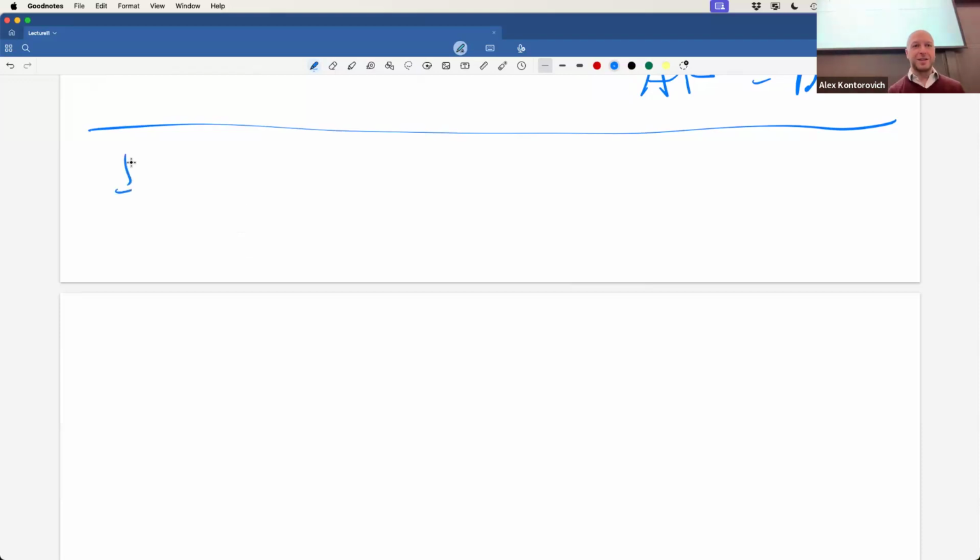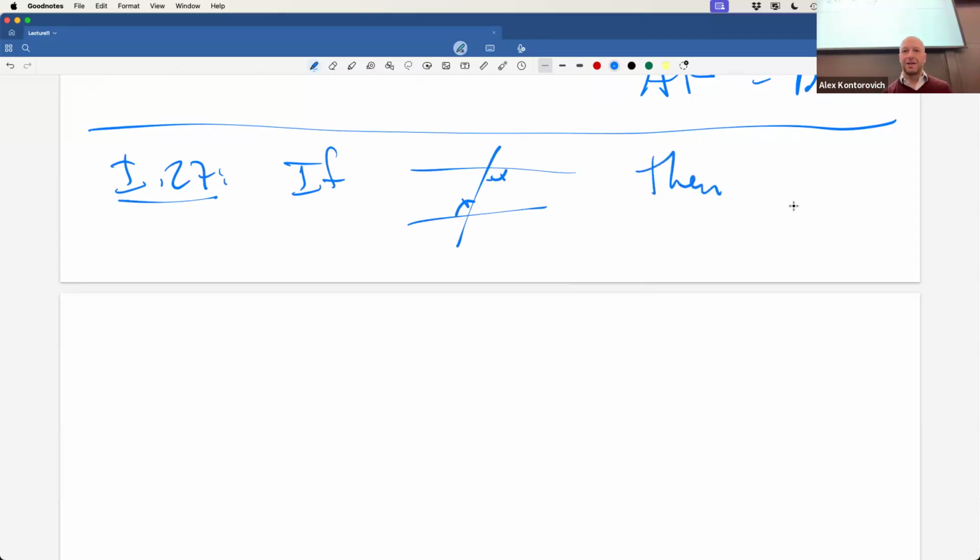So I27 says if you have 2 lines and a transverse line with alternate angles equal, then the lines are parallel. Okay, they do not intersect in the plane. If they did, you'd come up with a contradiction. It's your homework to figure out why.